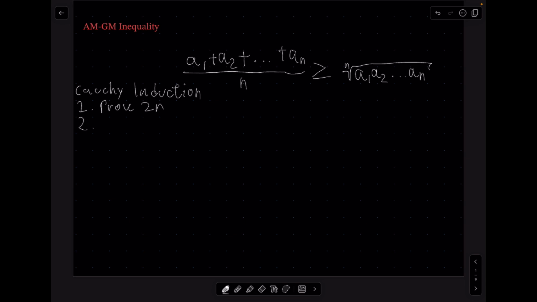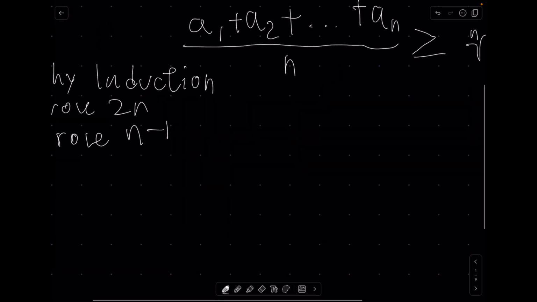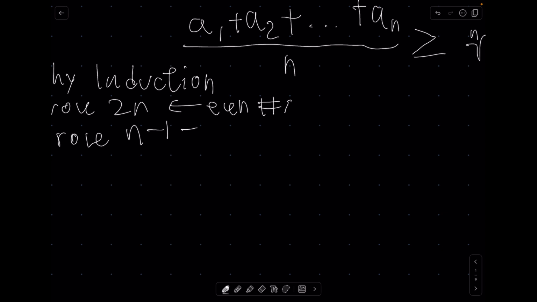And we're also going to prove that if we're given an n and we're able to show that it works for n, we also need to be able to prove that it works for n minus 1. What this effectively does is, step 1 allows us to prove this for even numbers, and step 2 allows us to prove it for every even minus 1 number, which is also just every odd number, right?